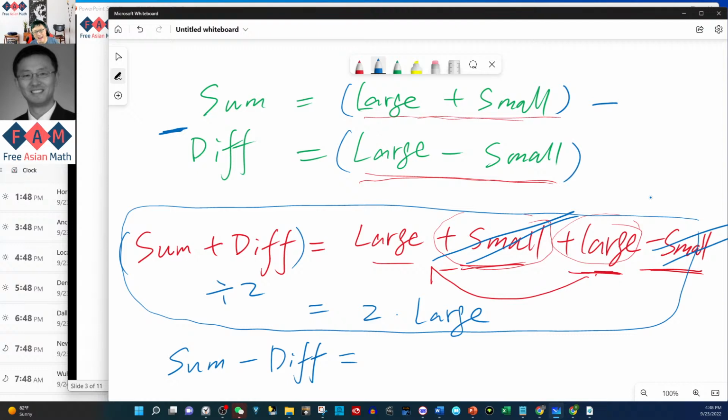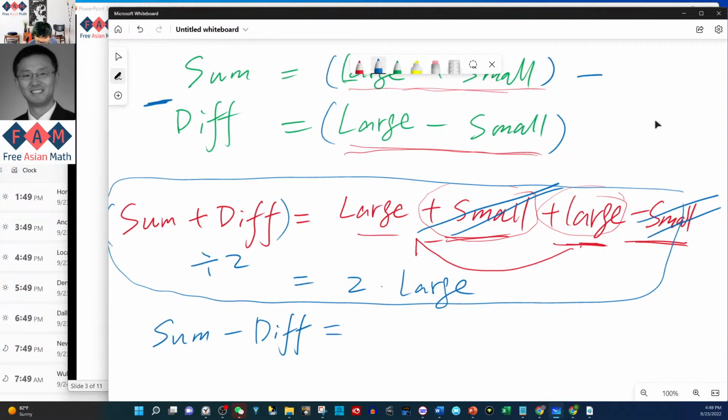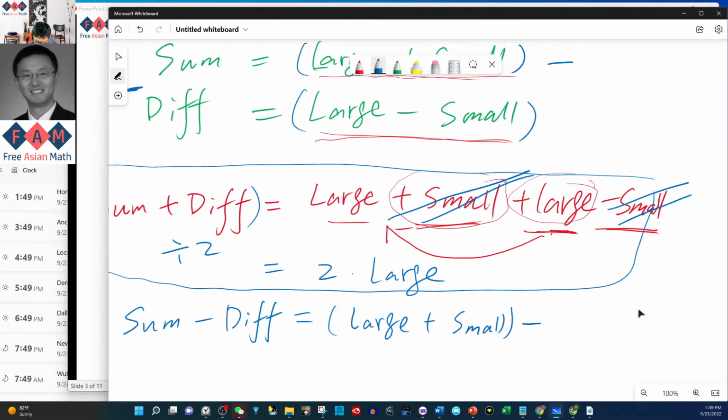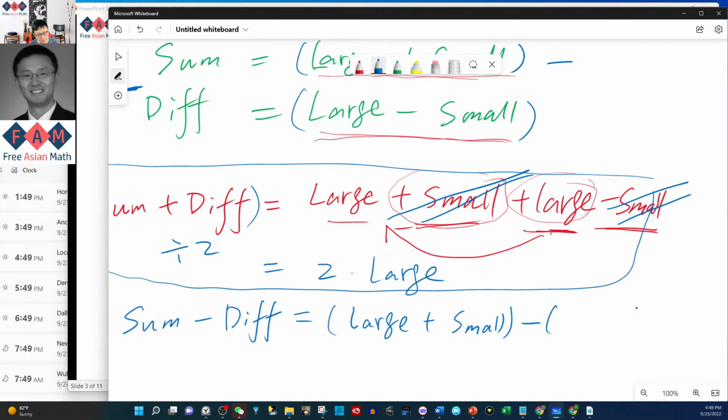Well, you may need a little bit of effort to understand this, but it's not that difficult. So this will be large plus small, subtracting parentheses a large subtracting a small.